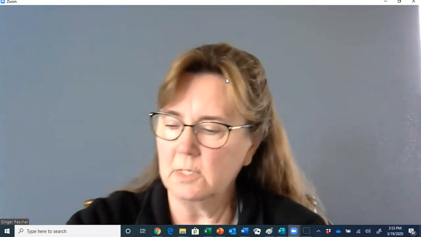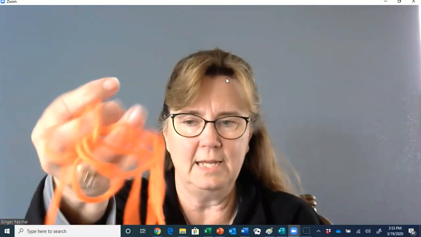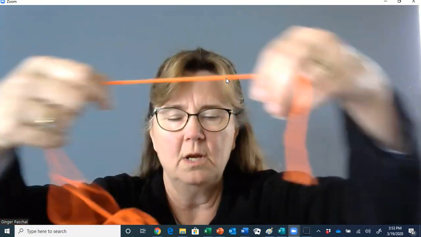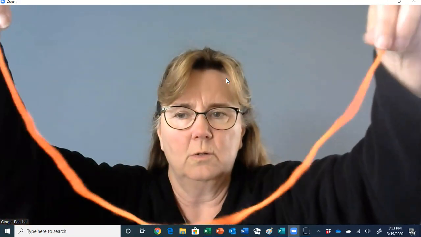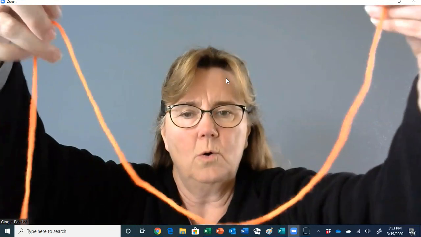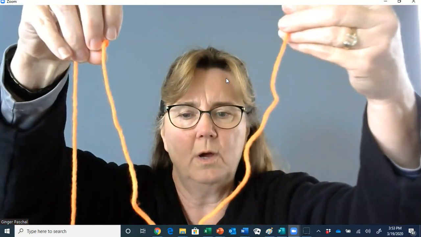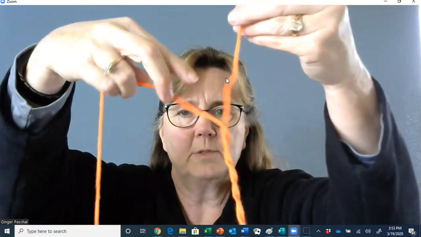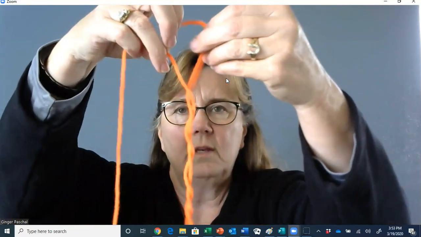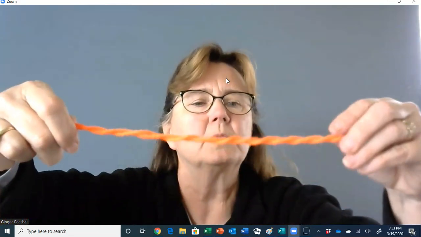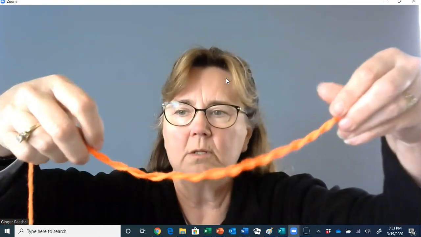So what happens is the chromatin, which is all of the DNA wrapped around its histone proteins, will actually begin to coil. And it'll coil and coil and continue to coil until it eventually wraps around itself. And then after it coils, it forms these things called supercoils.